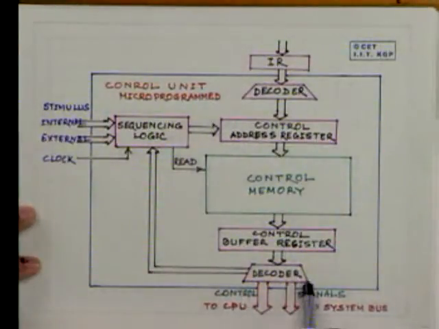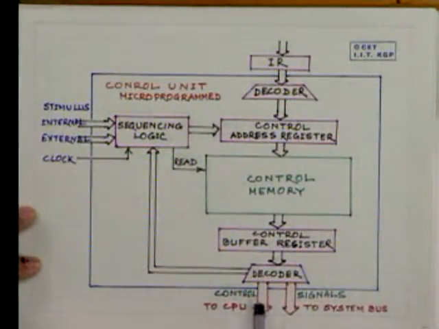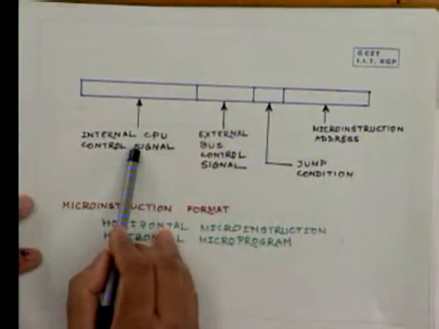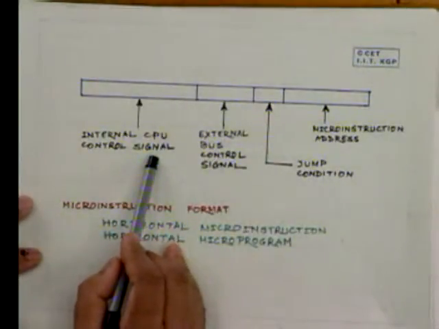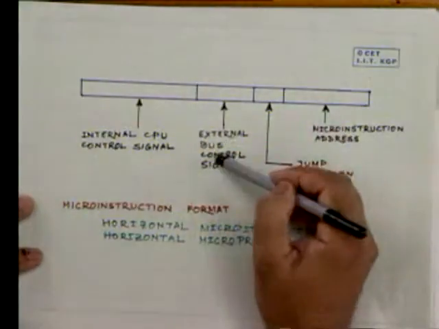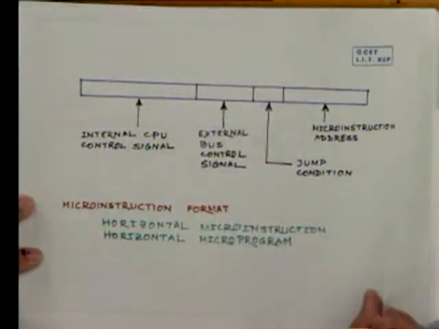We keep this decoder; the purpose, we will say after some time, is that it now generates the control signals directly. One set goes to the CPU and one set goes to the system bus, right? For example, one set of control signals goes to the CPU, and another set of control signals goes to the external bus, right?